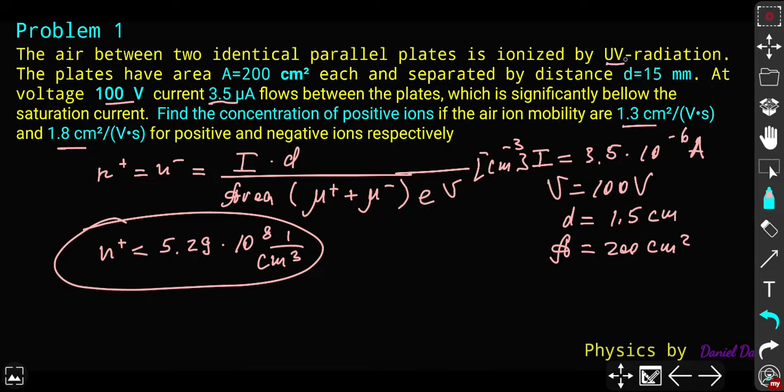Of course, if you have a different electric field and different radiation, for instance X-rays instead of UV, it will probably influence the current, and probably it will influence ion mobility.